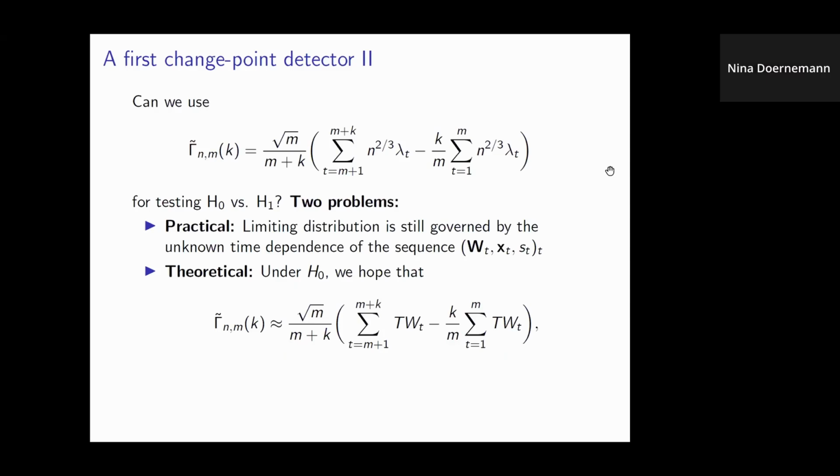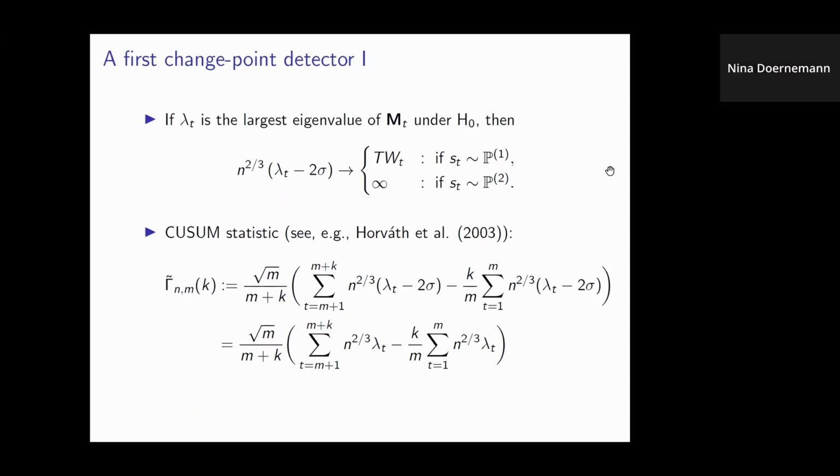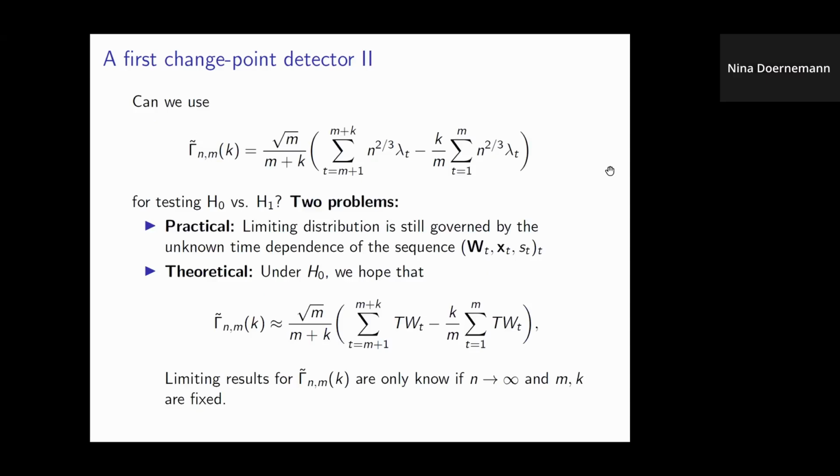However, I've already warned you a little bit about it, so this is not possible because these types of results only hold for one matrix, for n fixed and n gets large, but we don't have these results uniformly over t and also in the limit with n. In fact, it's not even known whether the moments here will converge to the moments of the Tracy-Widom. So it's really not clear if we can hope for something like this.